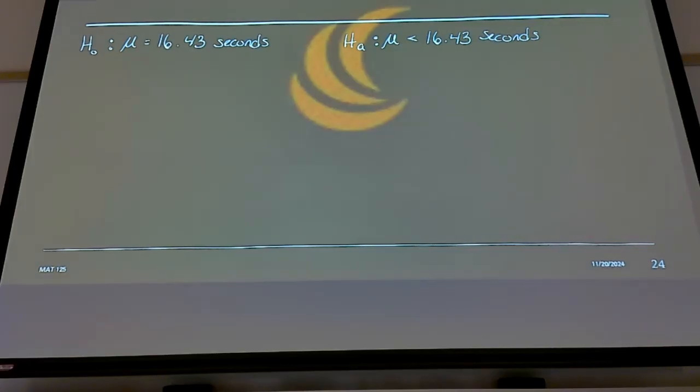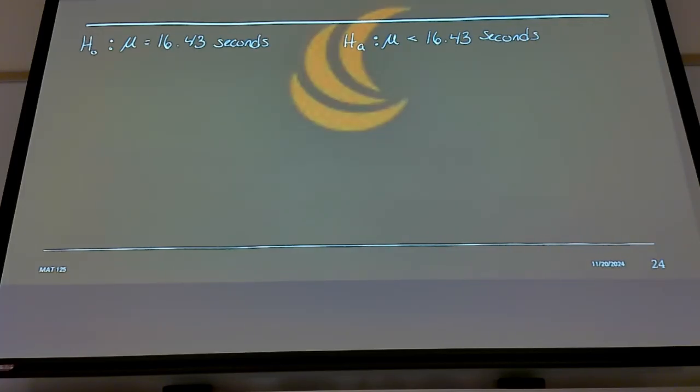So this is what kind of tail? Left side. This is a left tail test.